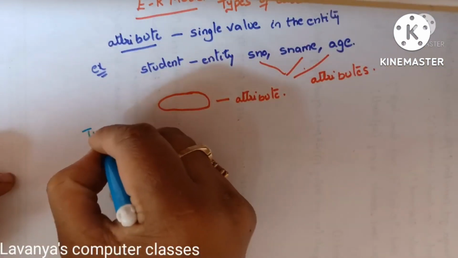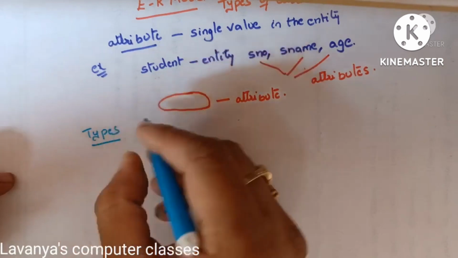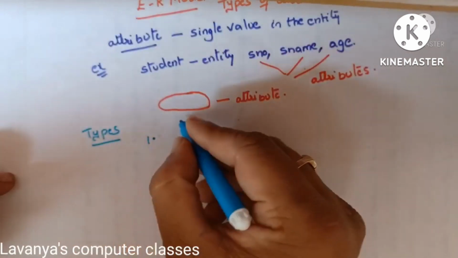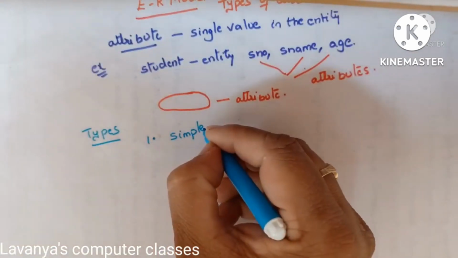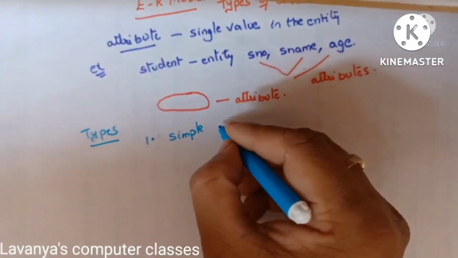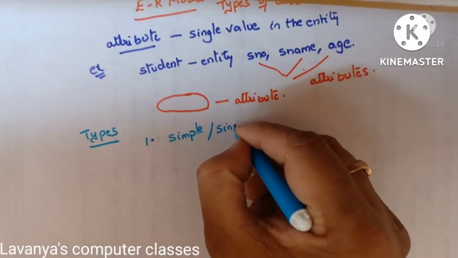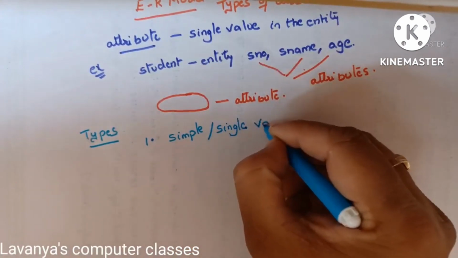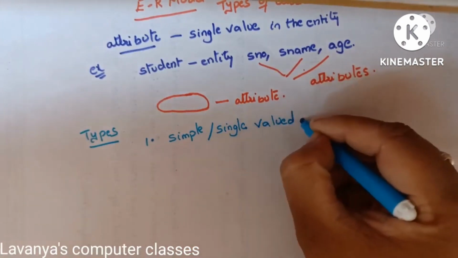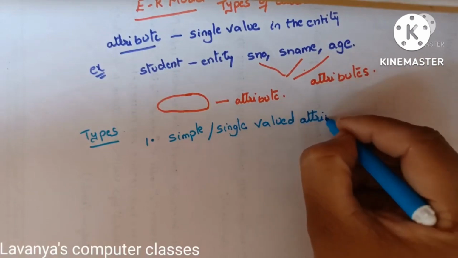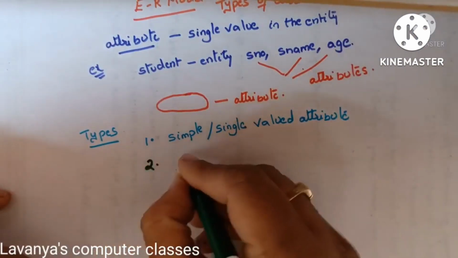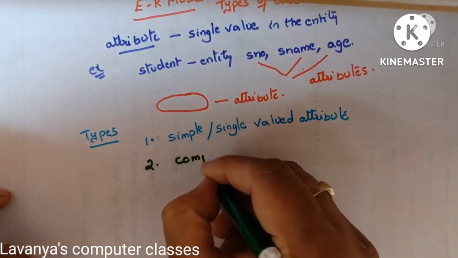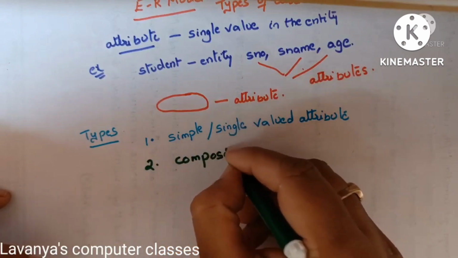Now we'll go through the different types of attributes available in the ER model. First one is the simple or single valued attribute. Second one is the composite attribute.